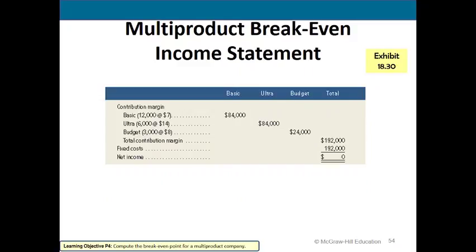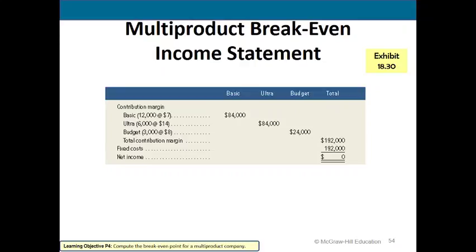And you can confirm that that's true. You take 12,000 Basics at a $7 contribution margin, which equals 84,000.